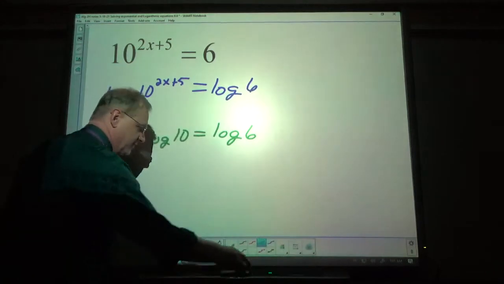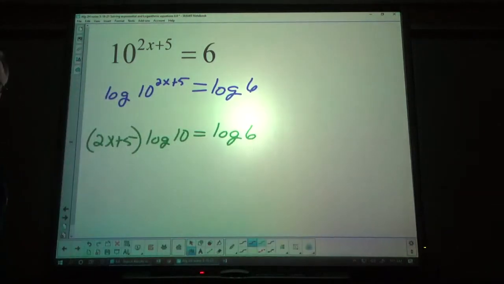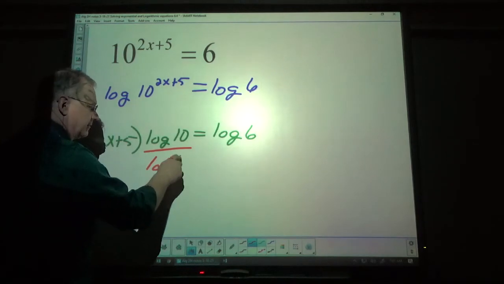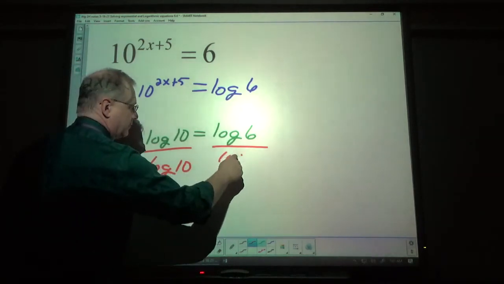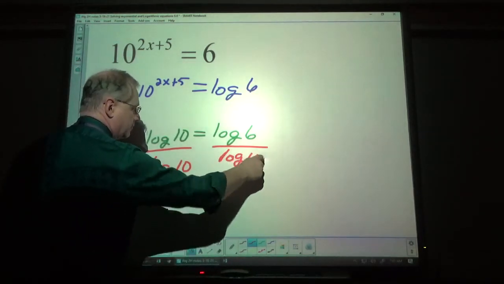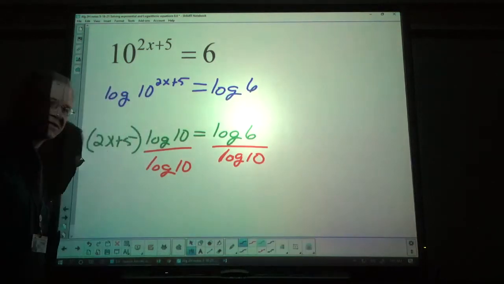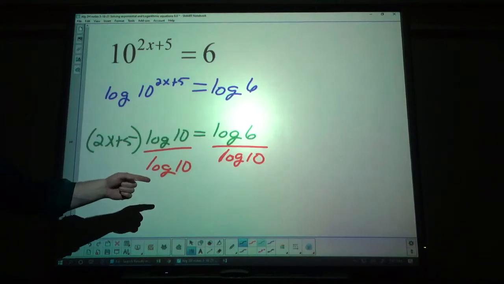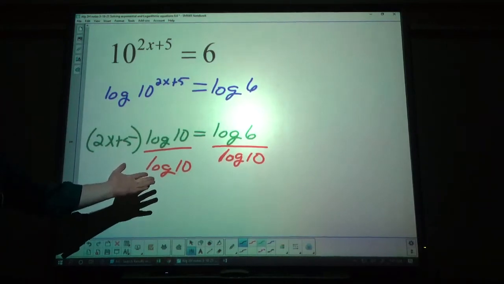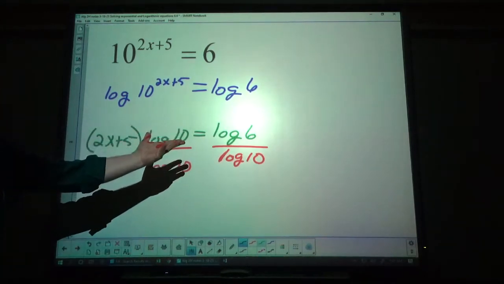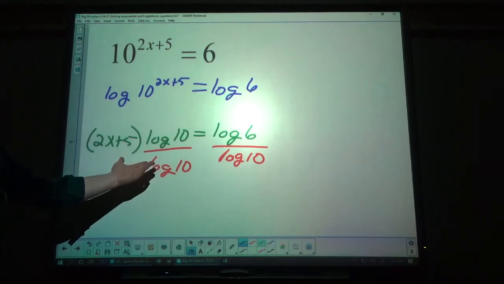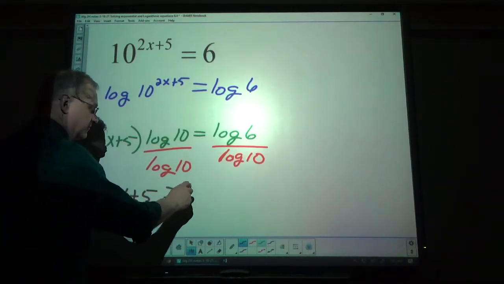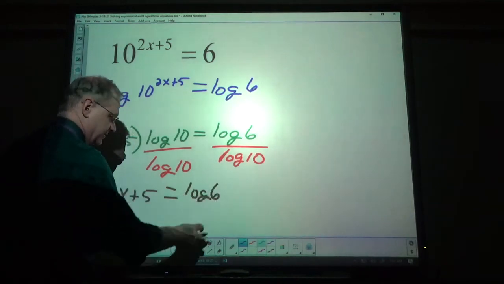Now what's interesting, and a lot of people will miss it, I'm going to divide by log of 10. But what's the log base 10 of 10? It's 1. So it's really gone, isn't it? So I didn't really have to do that step. So 2x plus 5 equals log of 6.